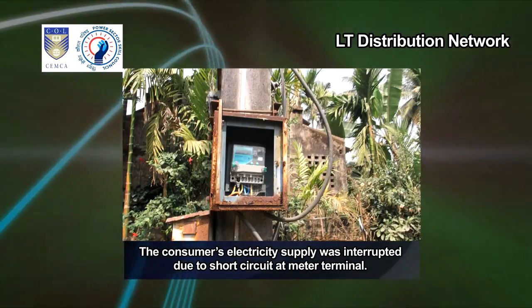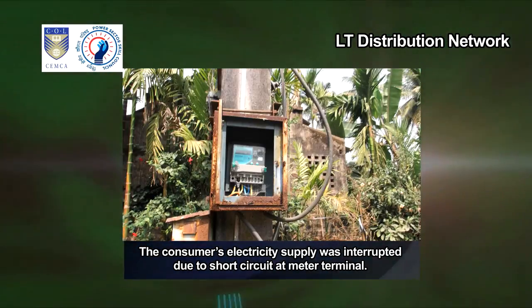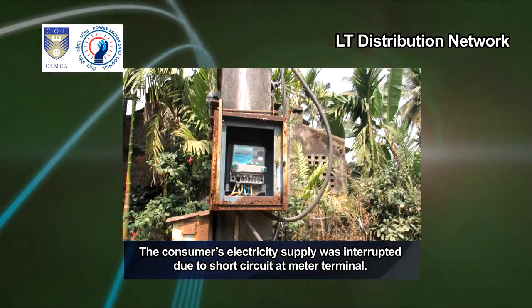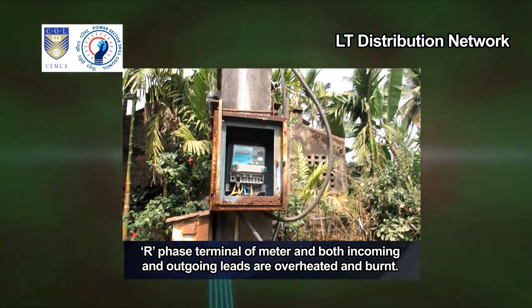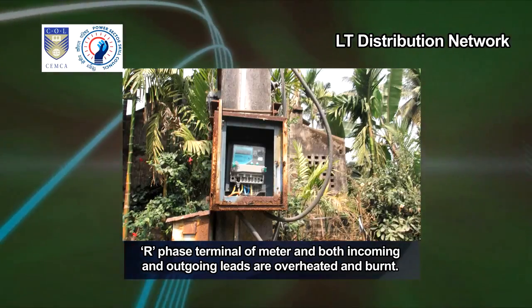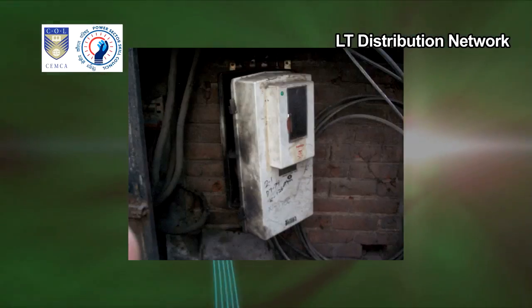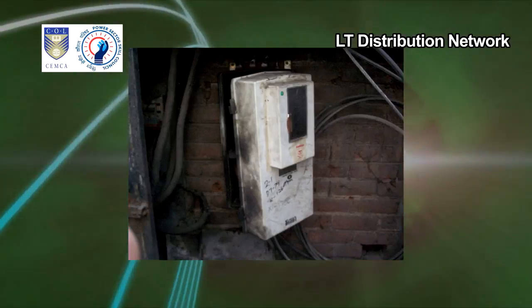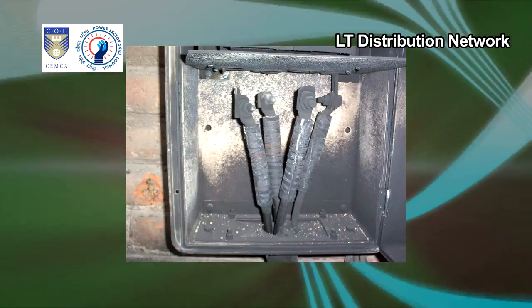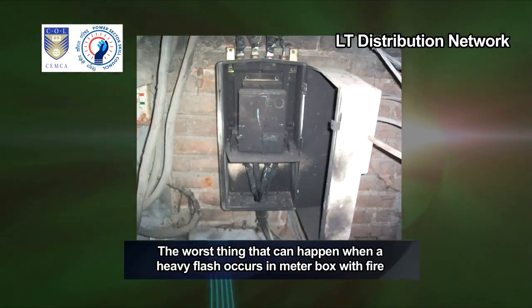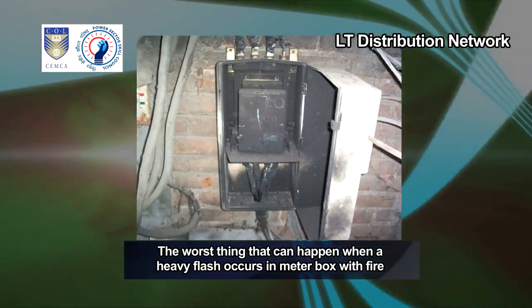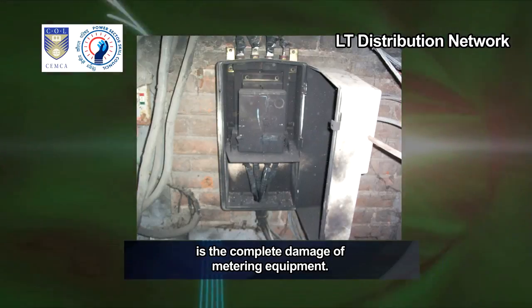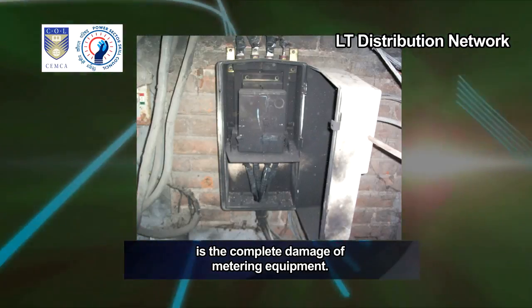The consumer's electricity supply was interrupted due to short circuit at meter terminal, R-phase terminal of meter, and both incoming and outgoing leads are overheated and burnt. The worst thing that can happen when a heavy flash occurs in meter box with fire is the complete damage of metering equipment.